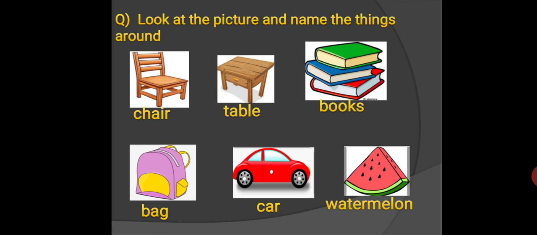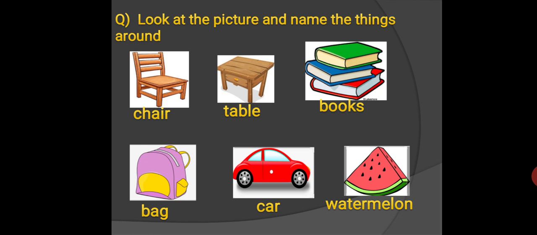So all these examples tell us: a chair, a table, books, bag, car, watermelon. All these are the naming words given for a thing. So a noun can be a name given to a thing.